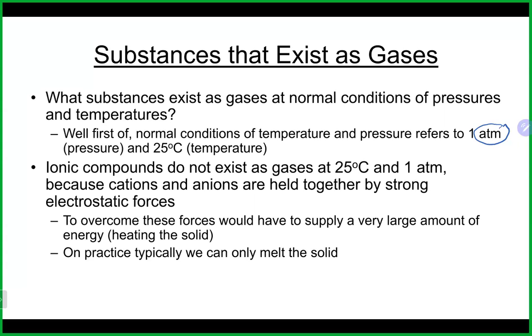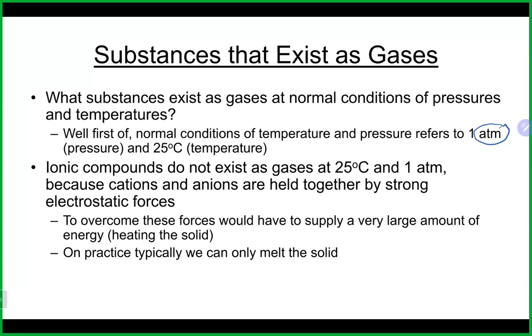You can essentially heat the heck out of an ionic compound, and it probably will start to melt before it will go into the gas phase. So it takes an enormous amount of energy to rip those guys apart. That's probably one of the strongest attractions you could have, the electrostatic attraction between the positive and negative ions.